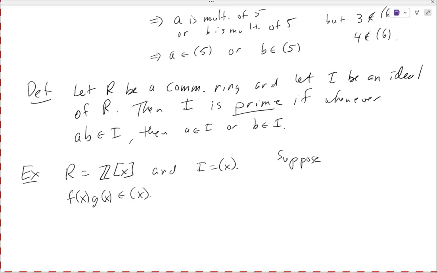I want to show that either f(x) is in the ideal generated by x, or g(x) is in the ideal generated by x. But let's think about what the elements of the ideal generated by x look like. We're taking any polynomial and multiplying it by x, right?